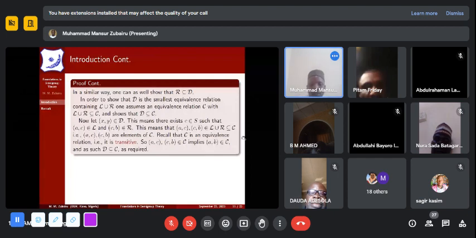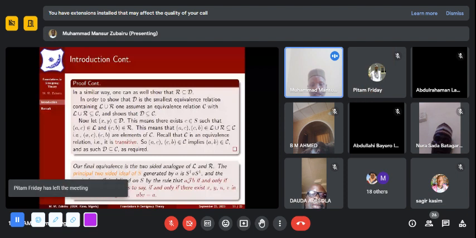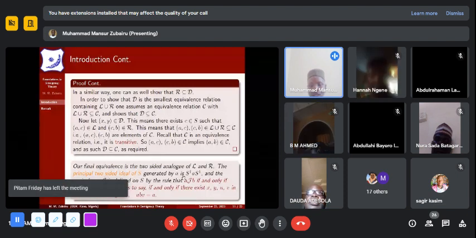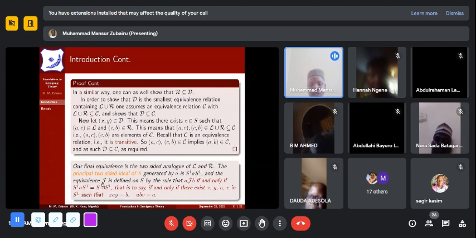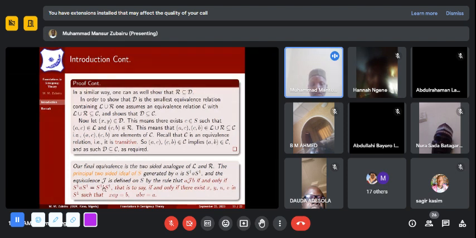So now our final equivalence to discuss is the two-sided ideal analog of L and R. That is the principal two-sided ideal of S generated by A, which is S1 A S1. And the equivalence J is defined on S with respect to the definition of the two-sided ideal. That is the rule that two elements A and B are J related if and only if they generate the same principal ideal.